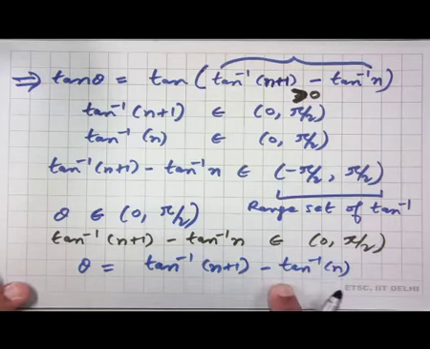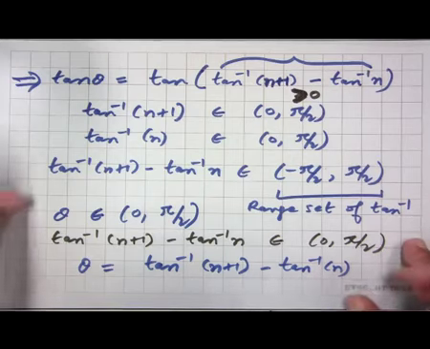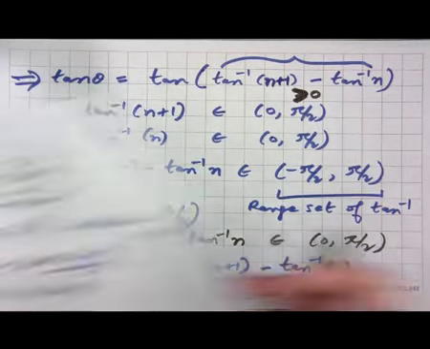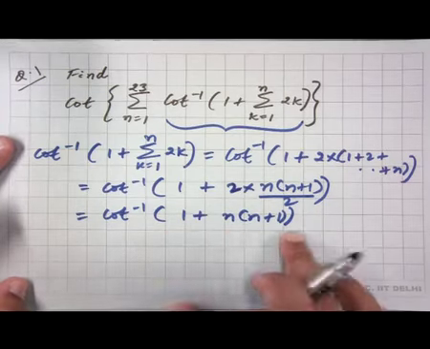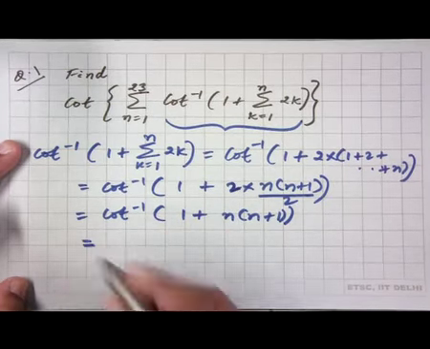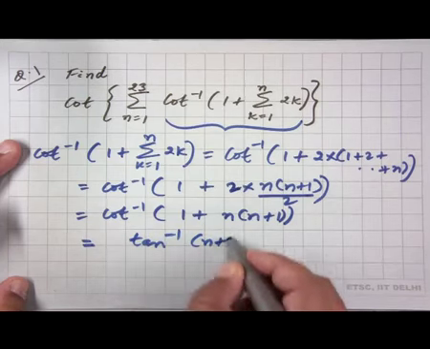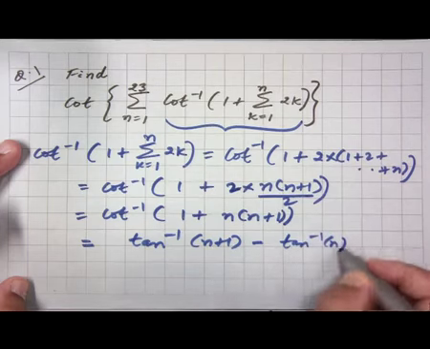So, this is what must be true, and therefore, what we have shown so far is that cot inverse of 1 plus n into n plus 1 is actually equal to tan inverse of n plus 1 minus tan inverse of n.